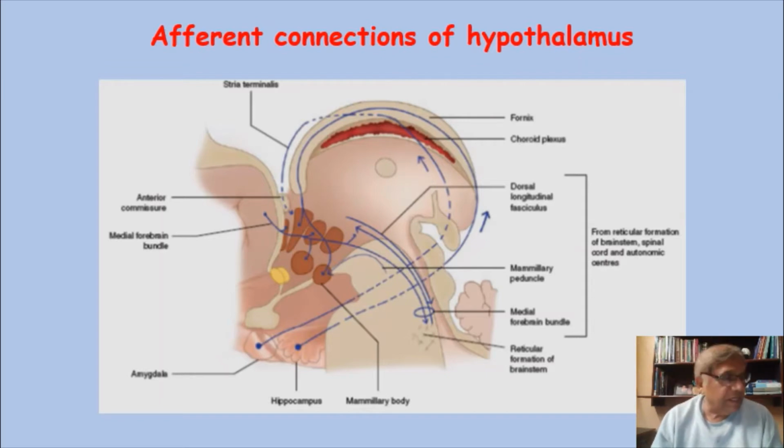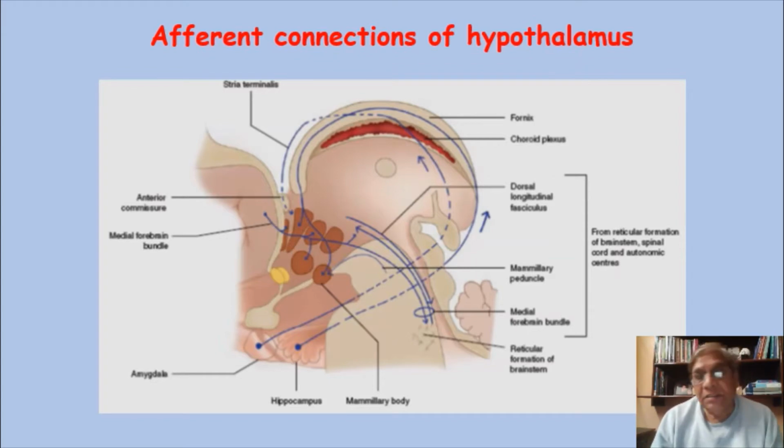Now we will also learn about the connection with the subthalamic nucleus. Not shown in this diagram, the subthalamic nuclear connections are there. These nuclei are connected to the hypothalamus, and from the hypothalamus the subthalamic nucleus sends fibers to the thalamus.